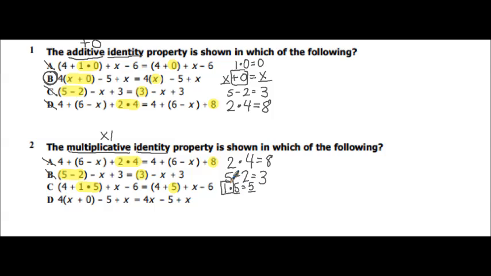And the identity of 5 didn't change when I multiplied by 1. So far, C is looking like it's the multiplicative identity property being illustrated. And here we change x plus 0 into just x. So x plus 0 equals x. Now, I didn't change the identity of x. X stayed the same, but I'm adding.